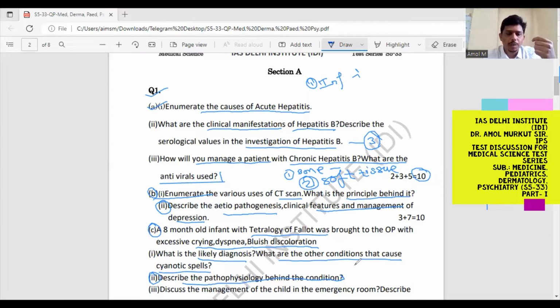Because of constriction of that outflow tract, there is increased pressure in the right ventricle, which passes through the VSD to the left ventricle. There is mixing of blood, and there is cyanosis, a cyanotic spell. This is the simple pathophysiology of a cyanotic spell. You have to write it in the form of a flowchart.